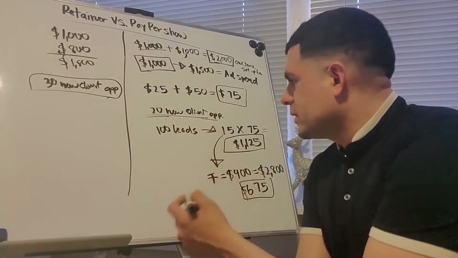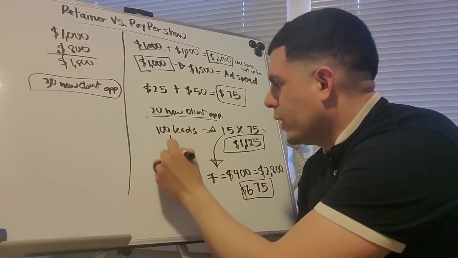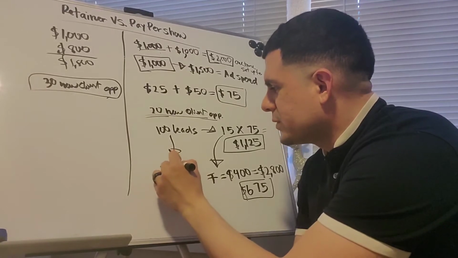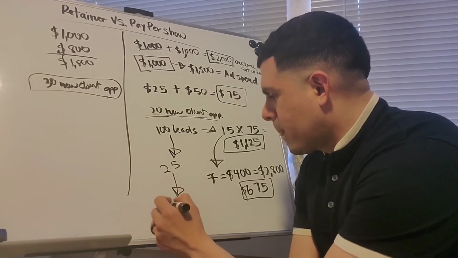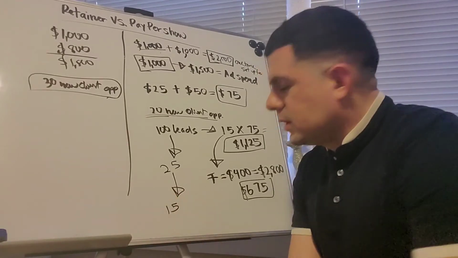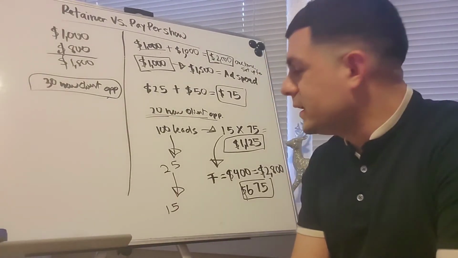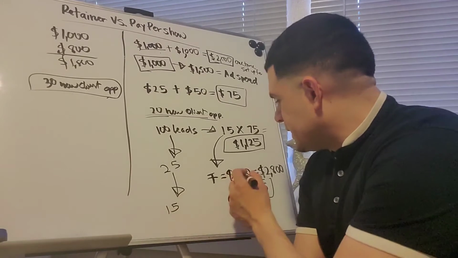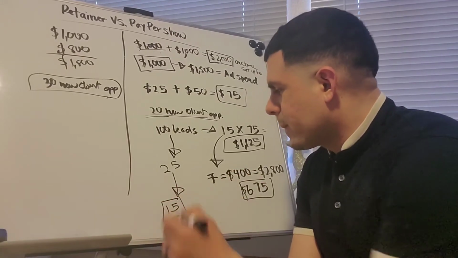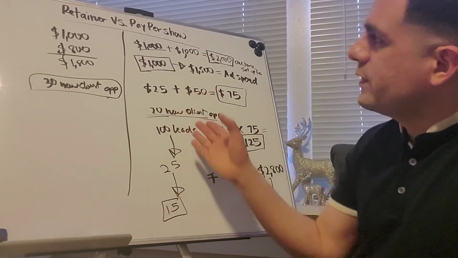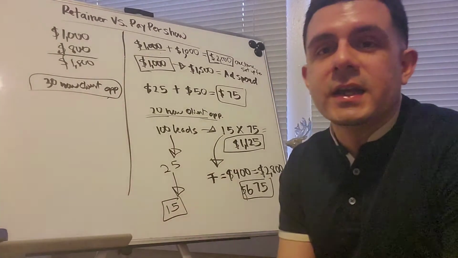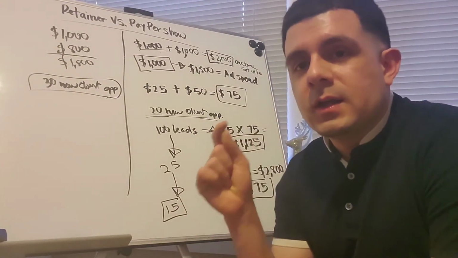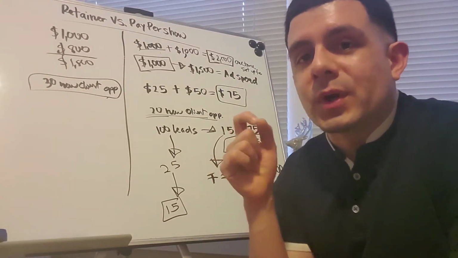Let's say out of the 100 leads, maybe you get 25 to show up in person, and out of those 25, let's say 15 convert into paying clients. So that's different now. With this model, the con is that your client will have lower profit margins.